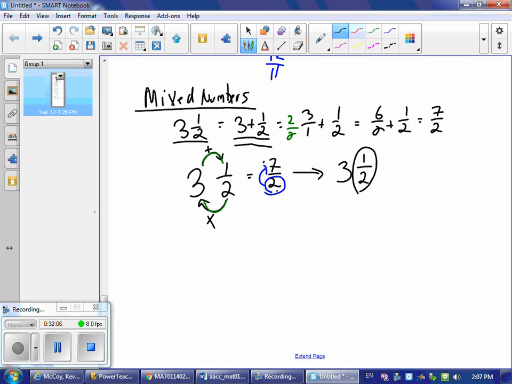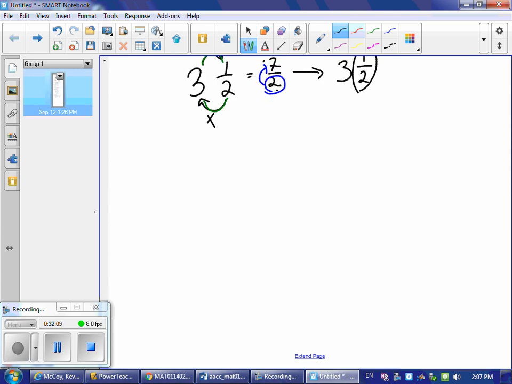Okay, so let's do an example using division. This is actually example 8. So if I have 2 1/8 divided by 1 2/3, in order to do the problem, we're going to need to change both of those into improper fractions so we can use our division property.